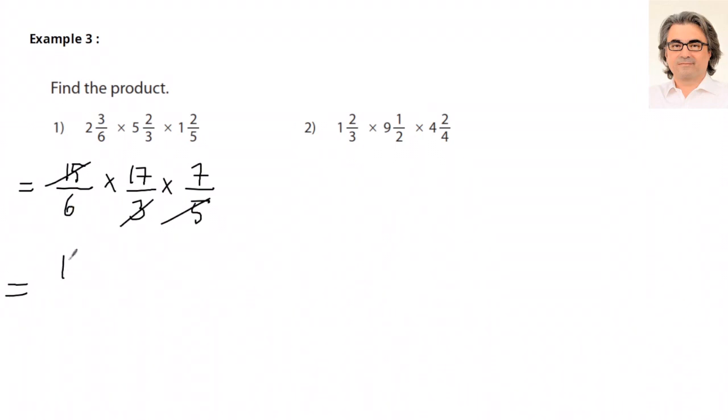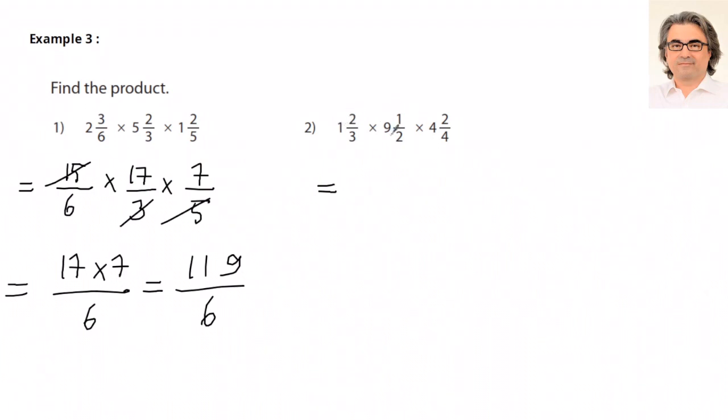So I should multiply 17 with 7 and write here 6. 7 times 7 is 49. We have 4. 7 times 1 is 7. And 7 plus 4 is 11. 119 over 6 is the result. I don't need to write it again in its mixed form. Okay, now let's continue with the next one.